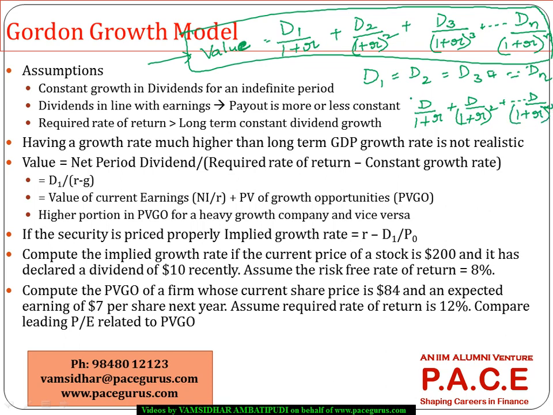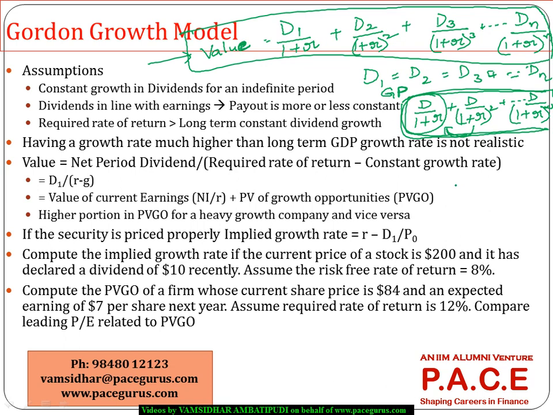Now this is a geometric progression, applying a bit of mathematics here. This is a geometric progression wherein this is the first term and the ratio between the two is the common ratio. If I have to add up all these things, it is the sum of infinite terms of a geometric progression.